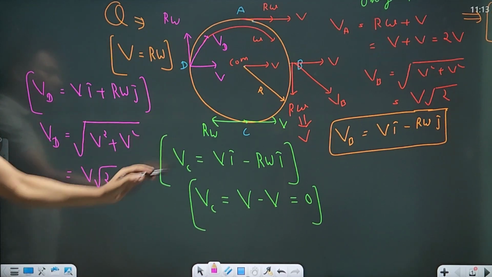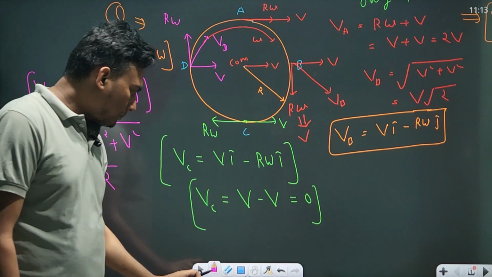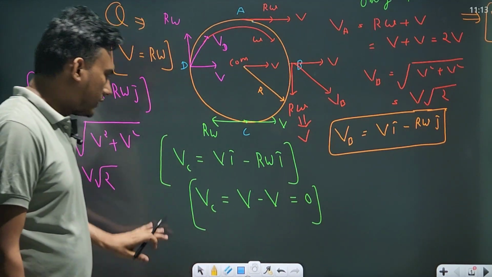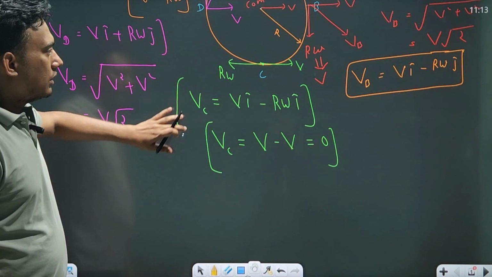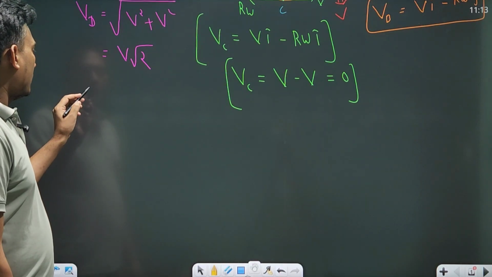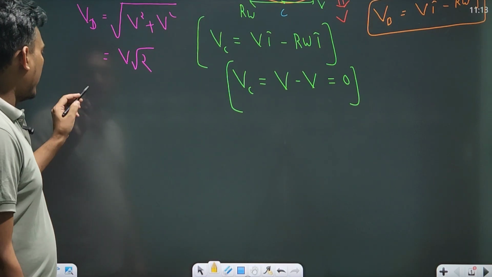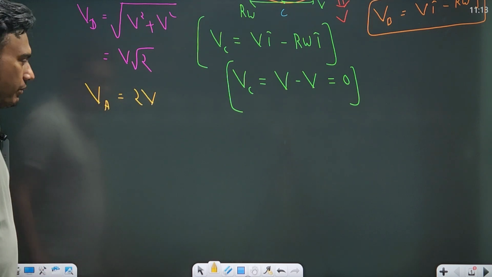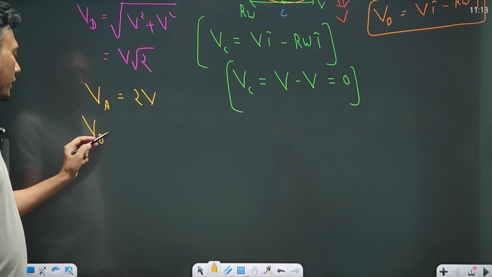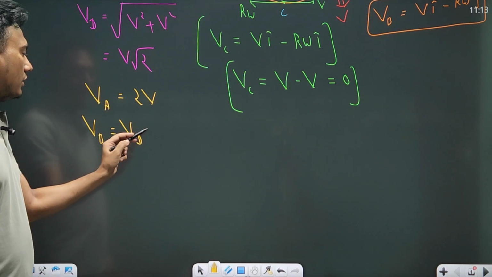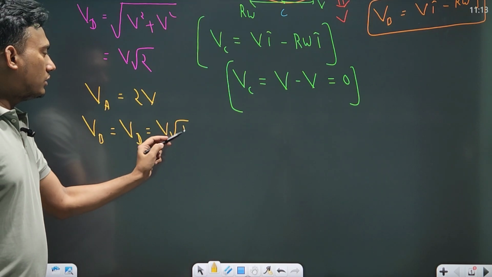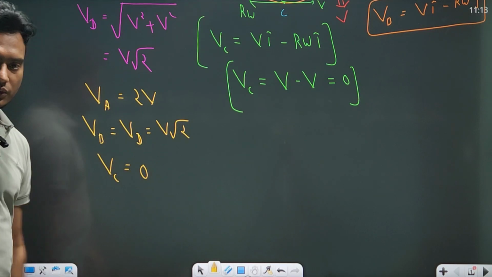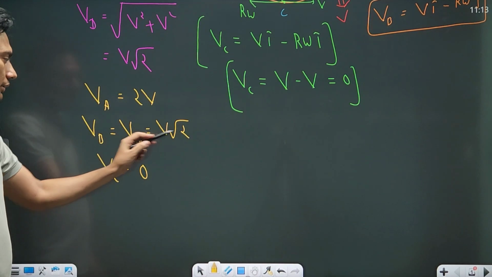If I arrange the 4 points in order: point A has net speed 2v, points B and D both have equal speed v root 2, and point C has speed 0. So the net speeds are 2v, v root 2 and 0.